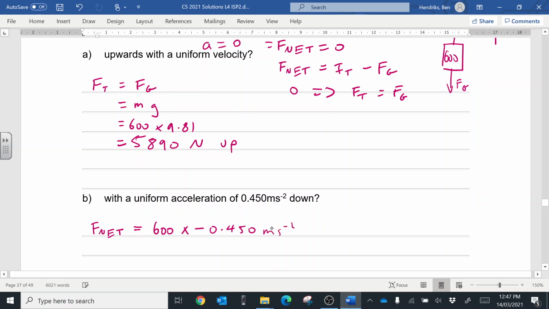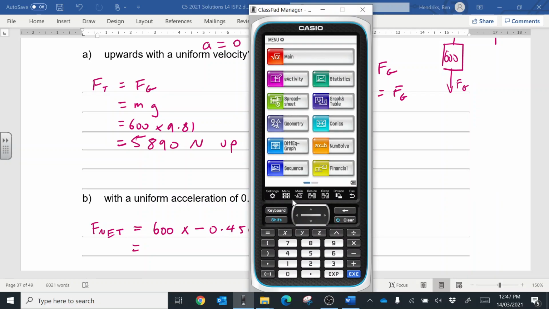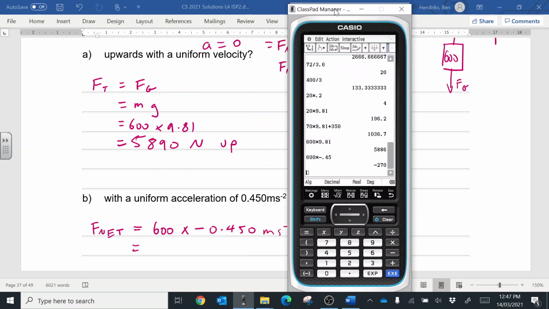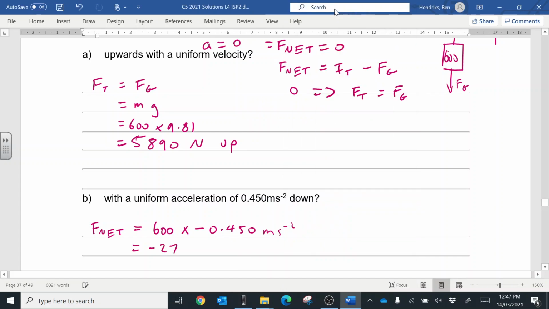So then that is equal to 600 times negative 0.45 equals negative 270. Okay, so it's going down.